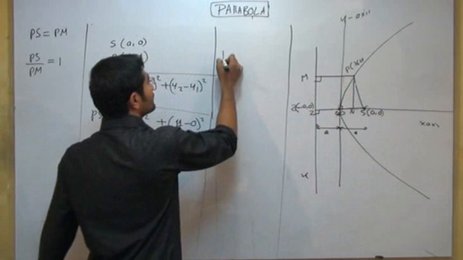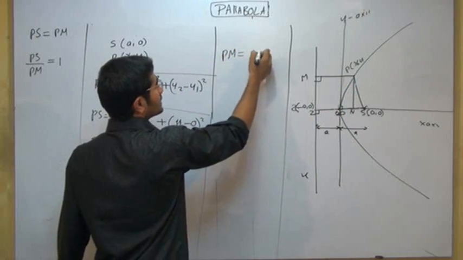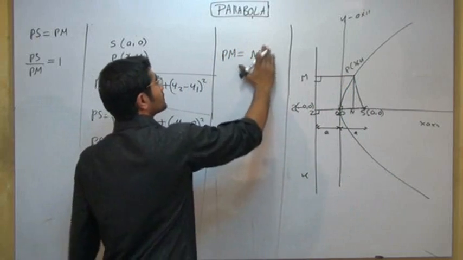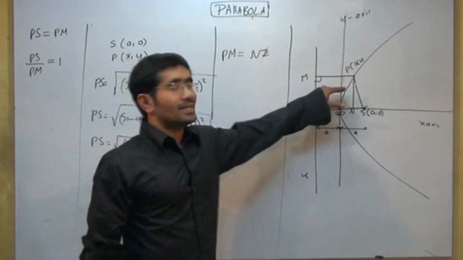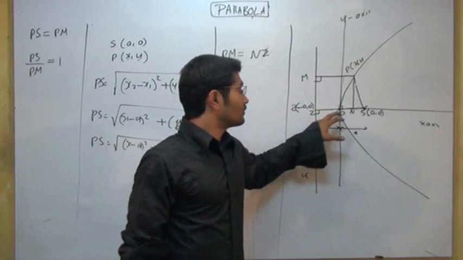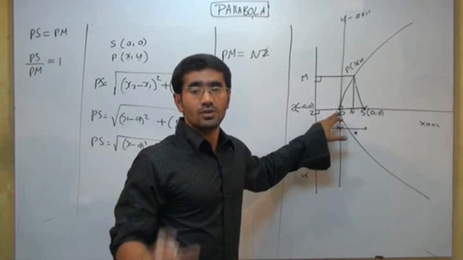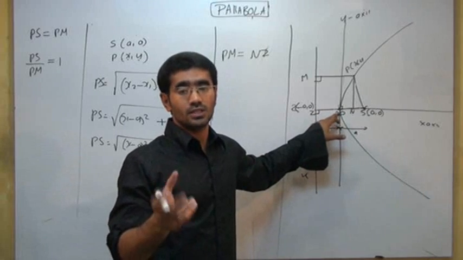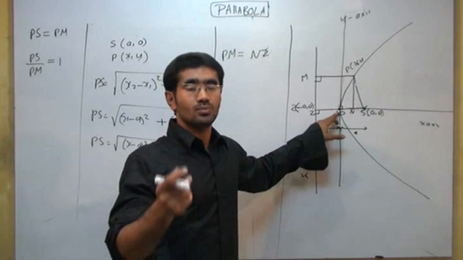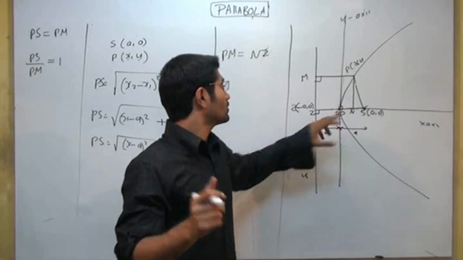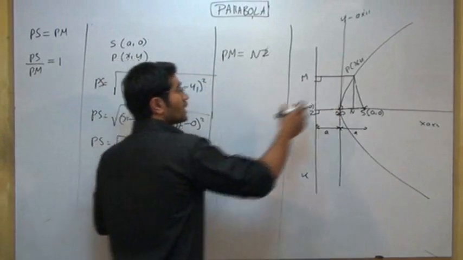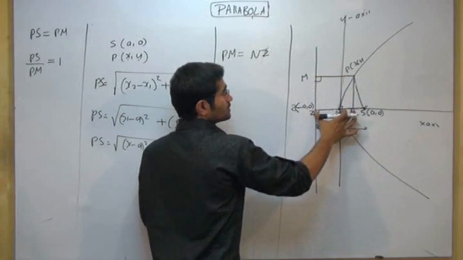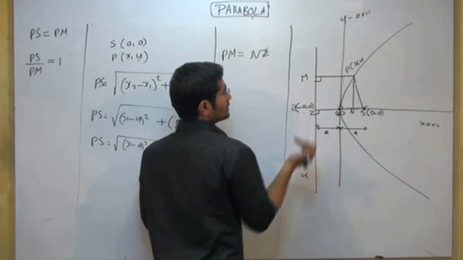So I just write PM is equal to NZ. Why am I doing this? See, I cannot measure anything other than from the origin in coordinate system. This is one of the most beautiful logics which I have explained in the next session in ellipse. So please note that video. It's very important. Now anyway, we just continue. I'm just bringing down PM here because these two are same and I can write this as NZ.